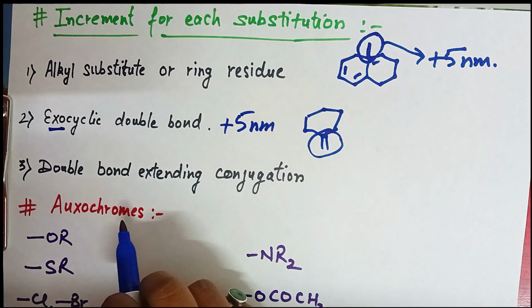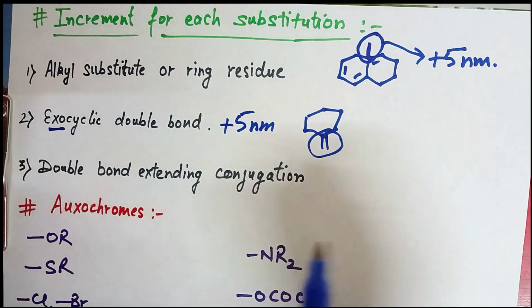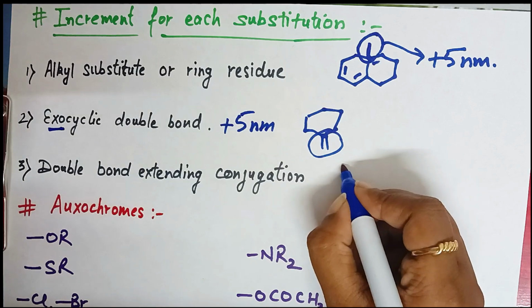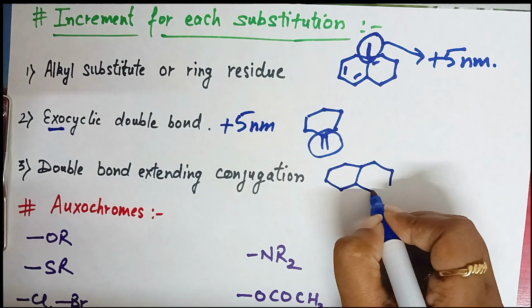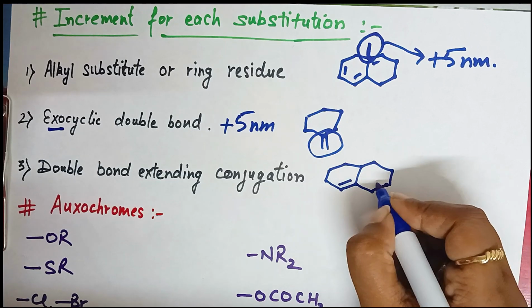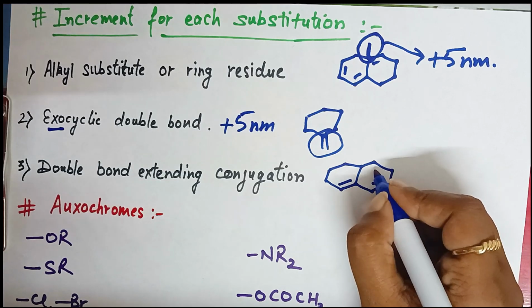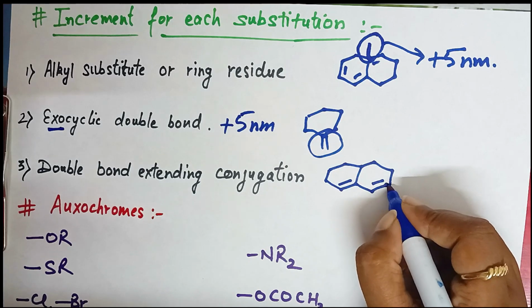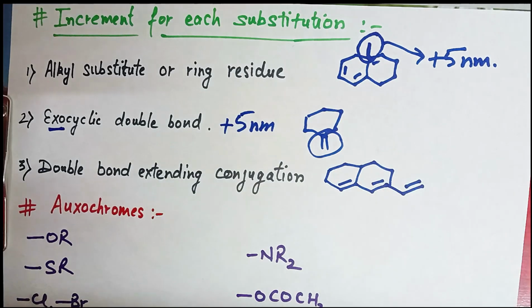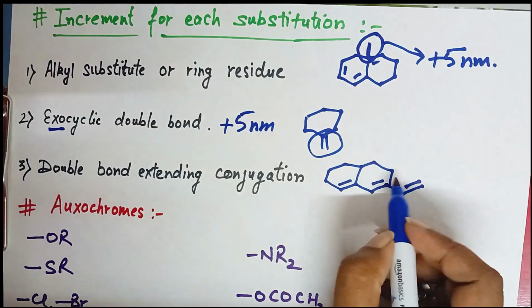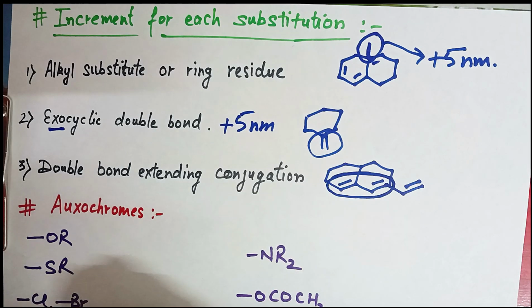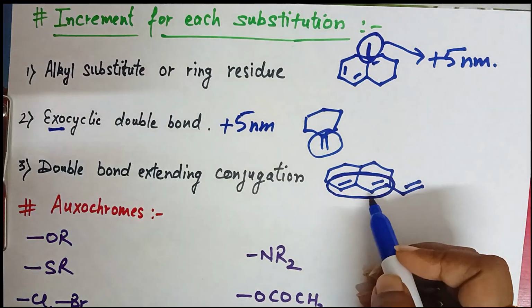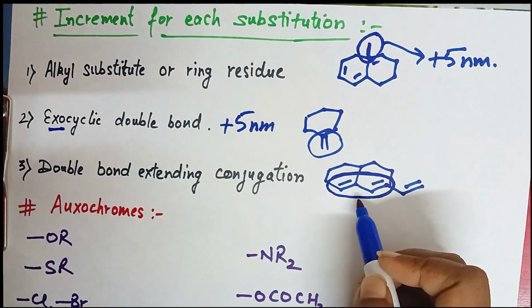Now the third rule is for a double bond extending conjugation. Now what do I mean by that? For example, if we have a molecule like this, so here we have this system having some base value, right? From here we will calculate the base value.